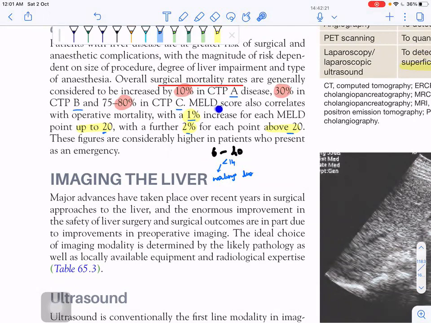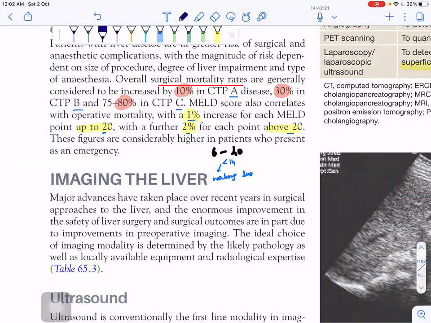The MELD score also correlates with operative mortality with a 1% increase for each MELD point, up to 20.